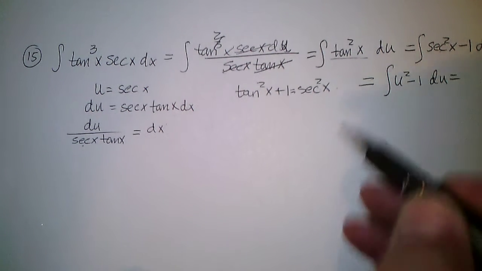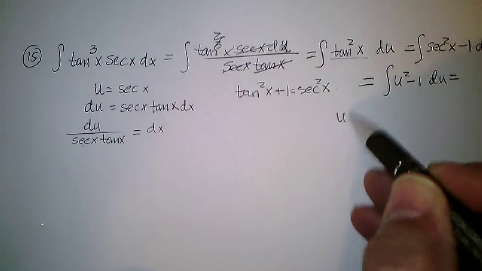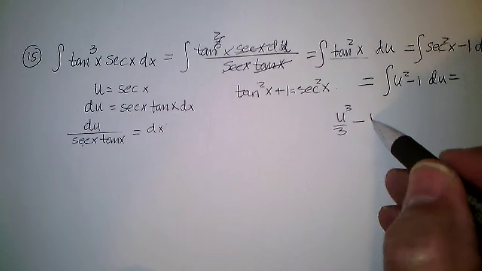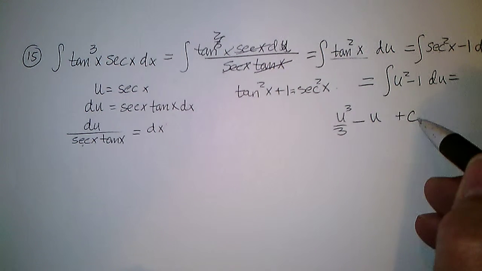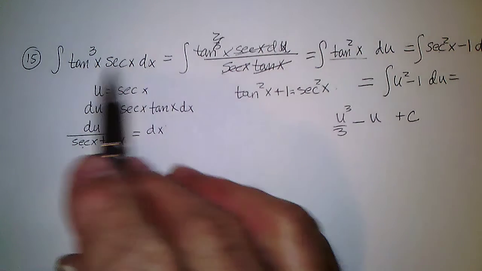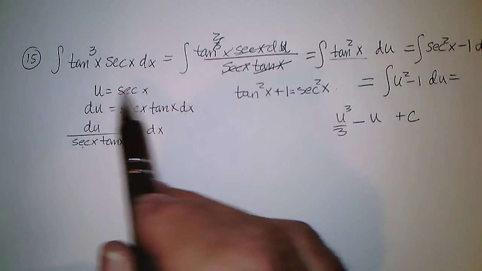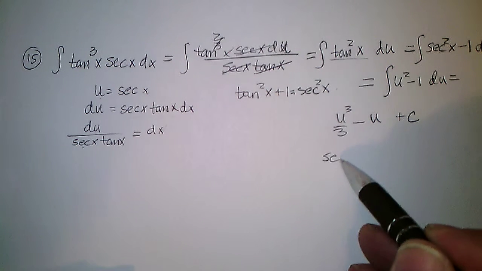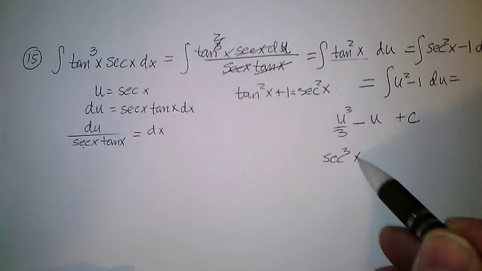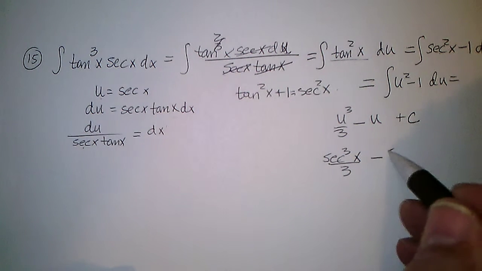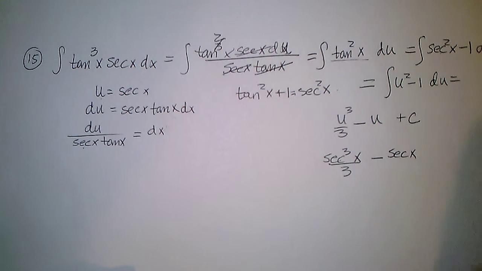The integral of u squared is u to the third over 3 minus the integral of 1 is u plus c. But now to get this back in terms of x's, u is the secant of x, so I get secant cubed x over 3 minus secant x plus c.